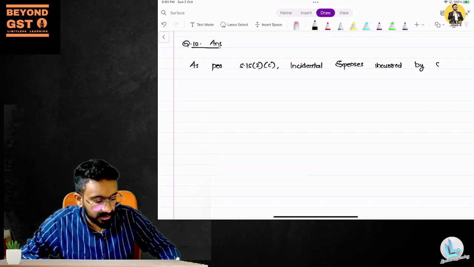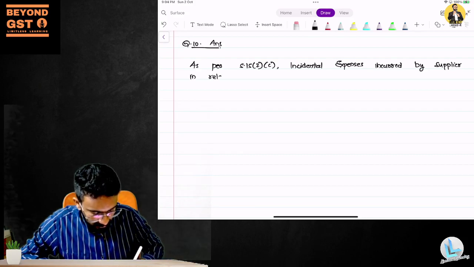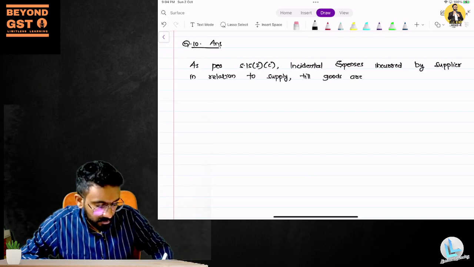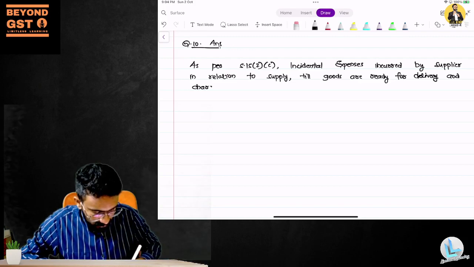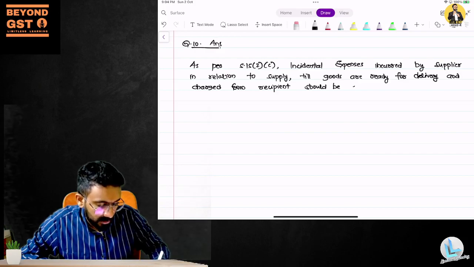Incurred by supplier. For what? In relation to supply, till goods are ready for delivery and charged from recipient should be added to the value.